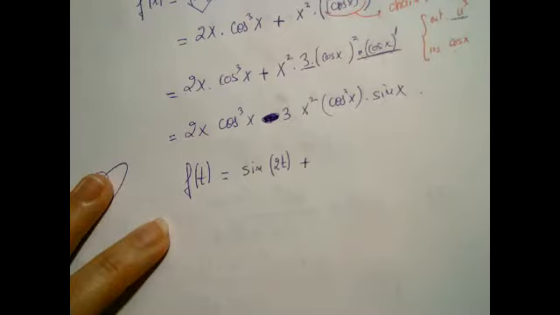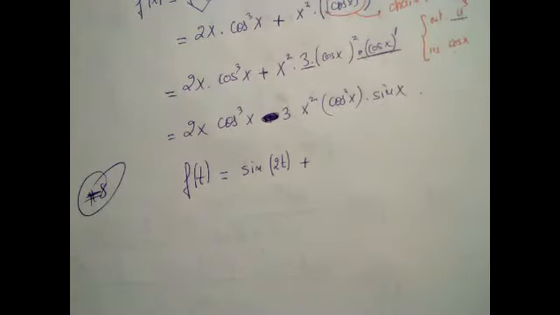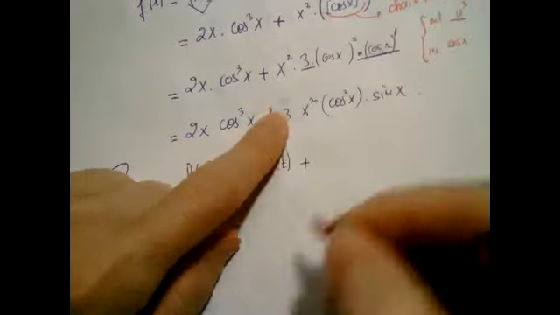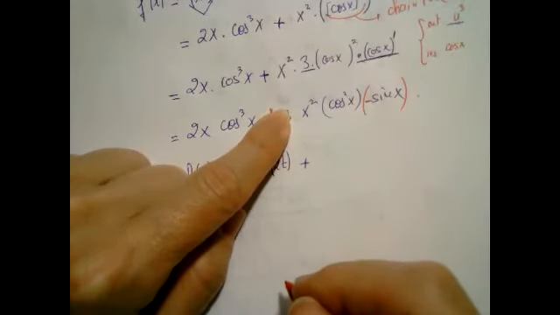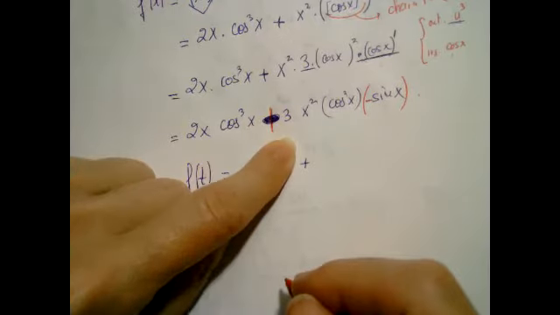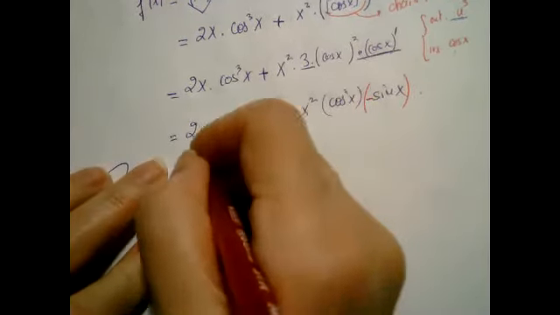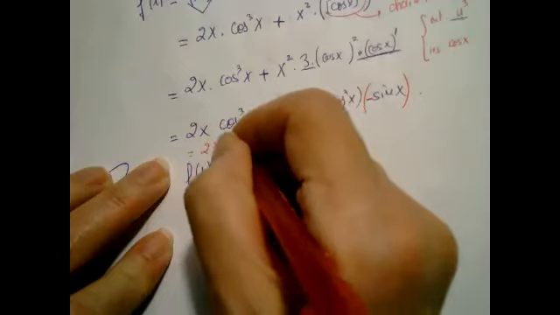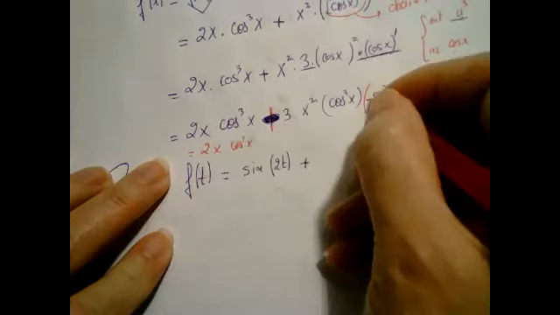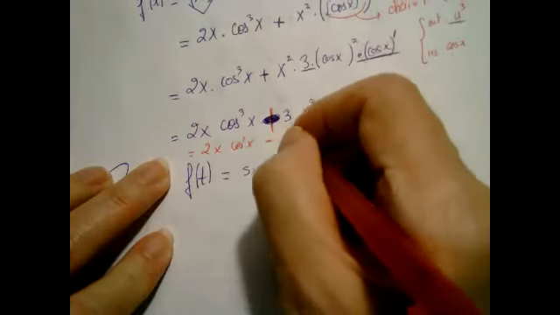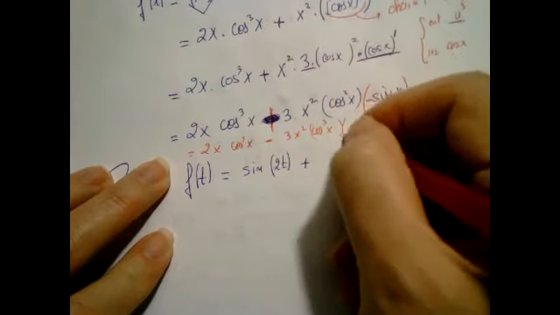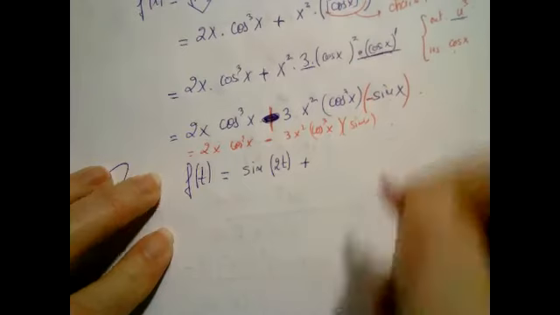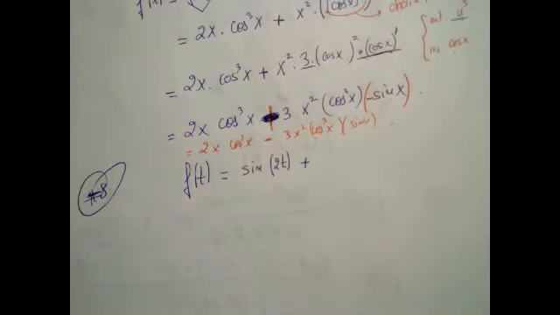So instead of writing a third line, I could have kept plus here and put the minus here, right? Yes. But it is better to rewrite it this way: plus minus, minus 3x squared cosine squared x sine x. All right, sounds good.